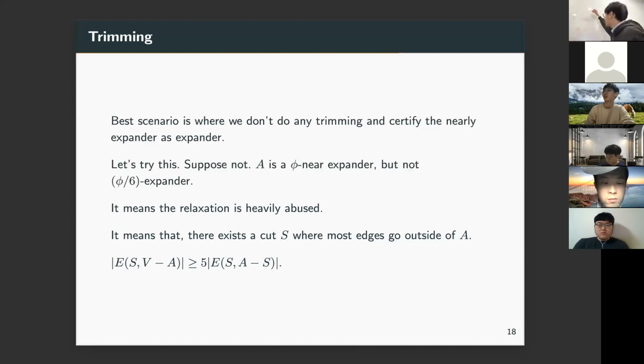Then how can it be abused? If there are a lot of edges going outside the set A, then it means the relaxation is abused.